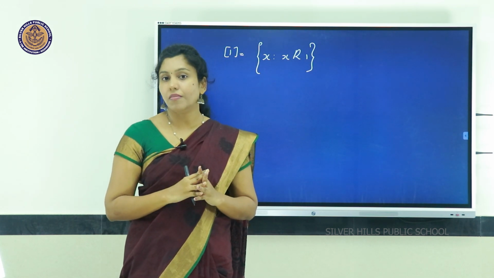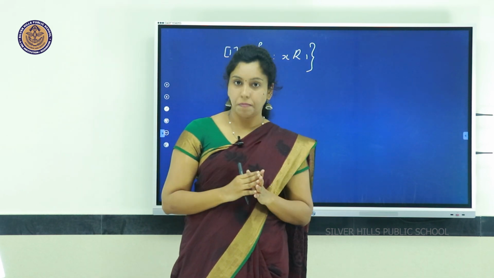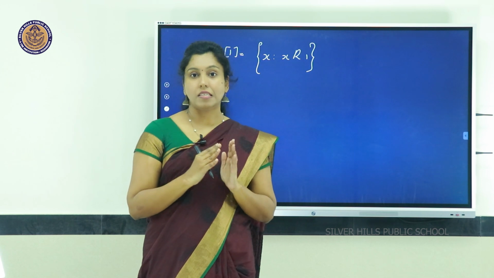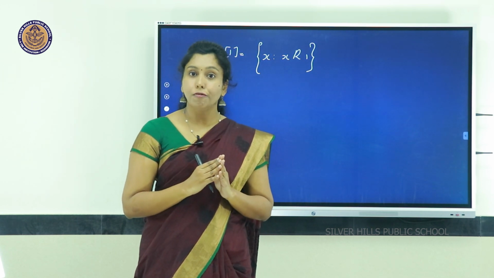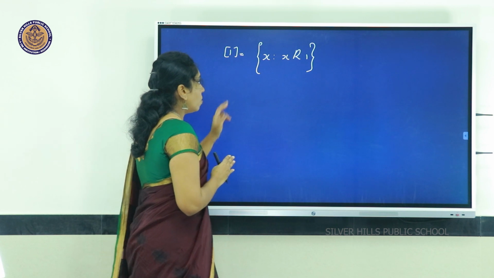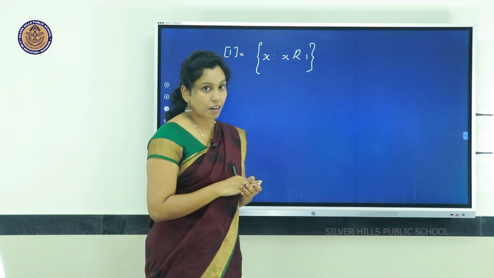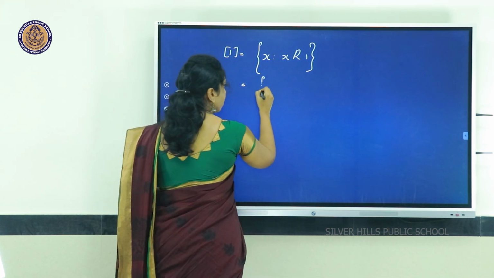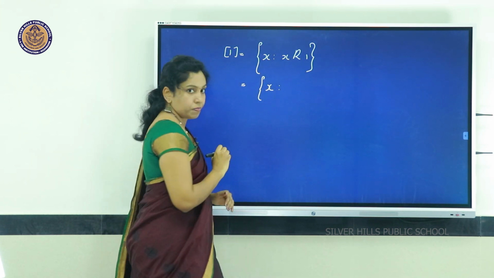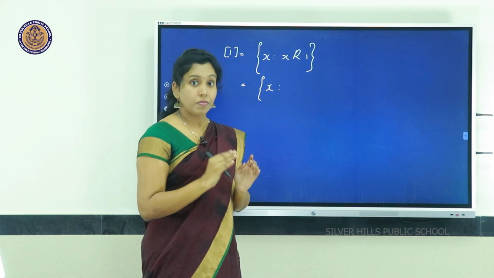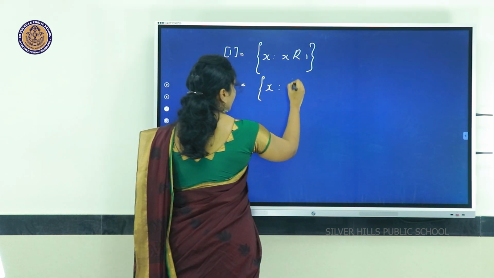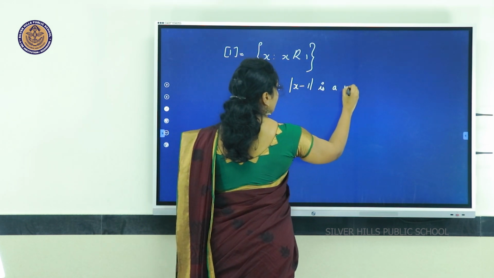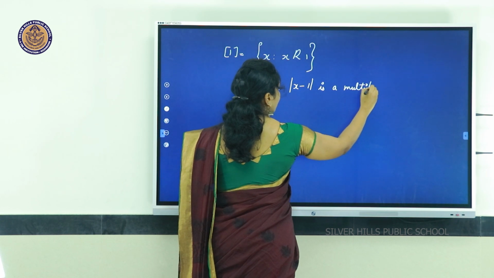So, what was the relation given here? If you take an ordered pair, the difference, that is modulus of a minus b, is a multiple of 4. So, we are going to check those x that satisfy this condition. So, how can you modify this? This can be written as the set of all x such that mod a minus b is a multiple of 4. So, I can write modulus of x minus 1 is a multiple of 4.